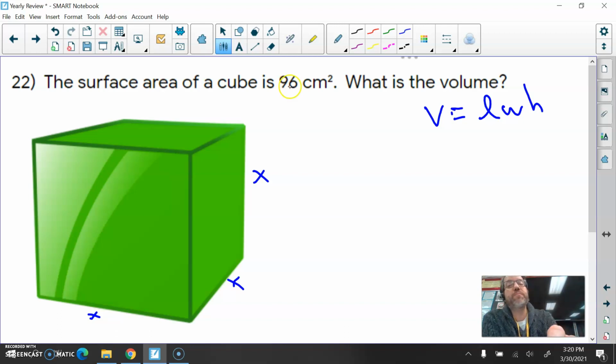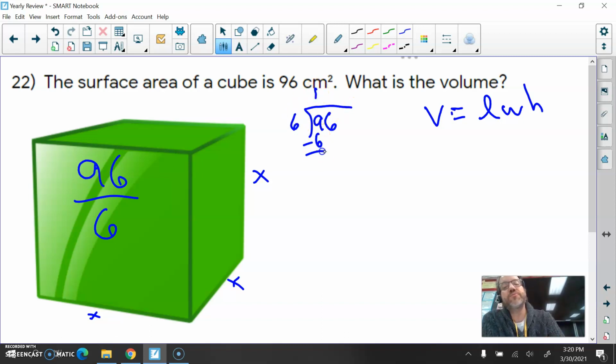So what you can do is work backward and take 96, divide that by 6 to find the area of just one of the faces. 6 goes into 9 once, subtract, you get a remainder of 3. Bring down the 6. 6 times 6 is 36. And I get a remainder of 0. So 16 is the area of just one of the faces.